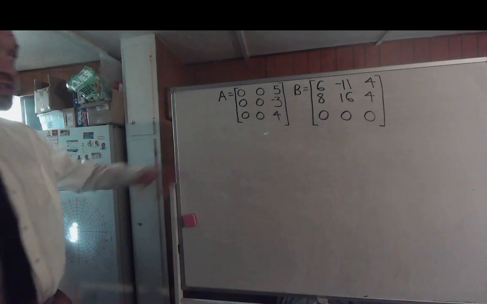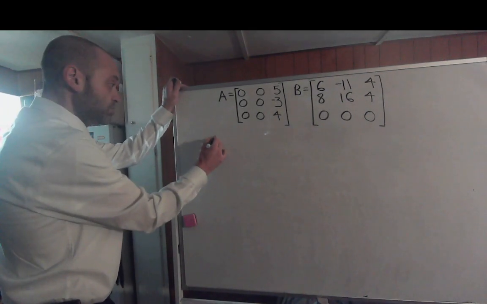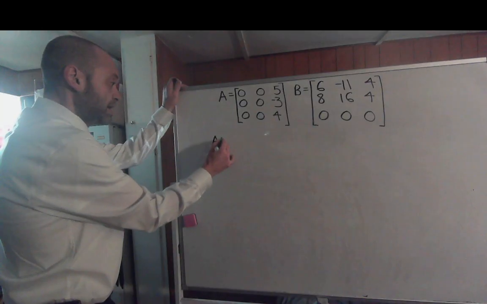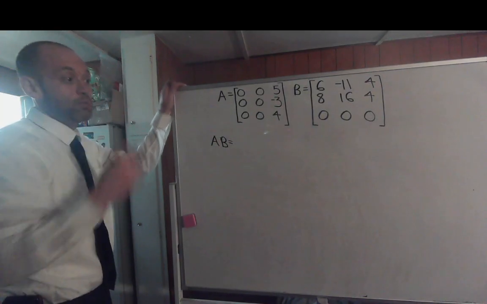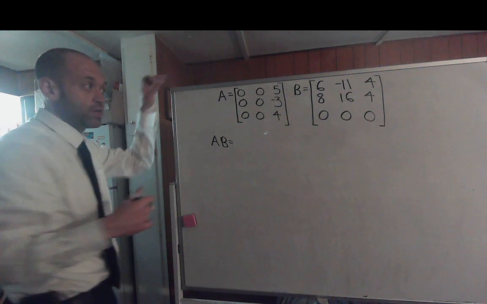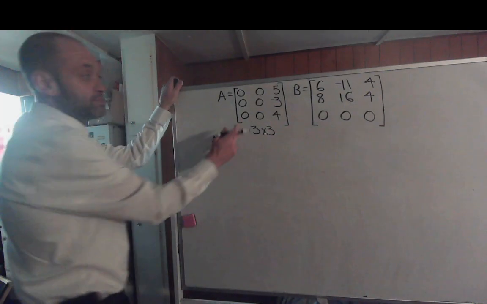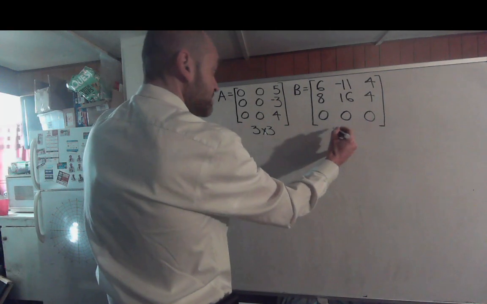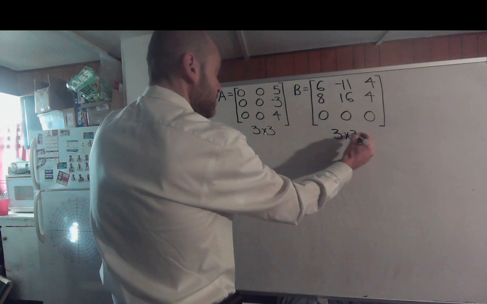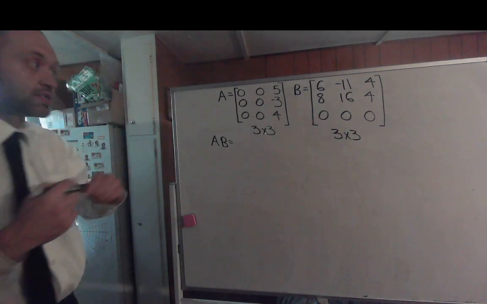So, first thing we want to do is see if we can do A times B, right? Can we take matrix A times B? Well, let's determine the order of each matrix. Matrix A is a 3 by 3 matrix, meaning it's a square matrix. Matrix B is also a 3 by 3 matrix, also a square matrix.